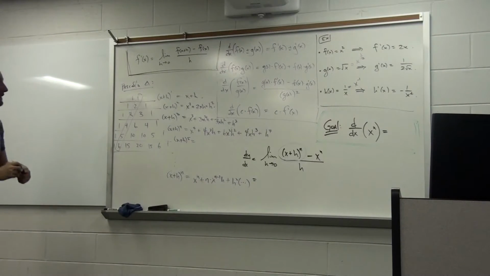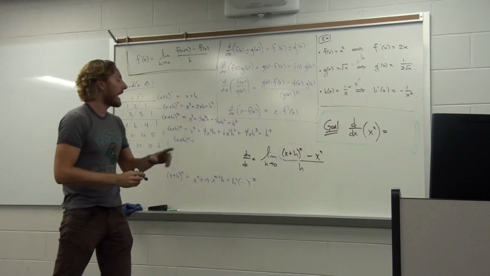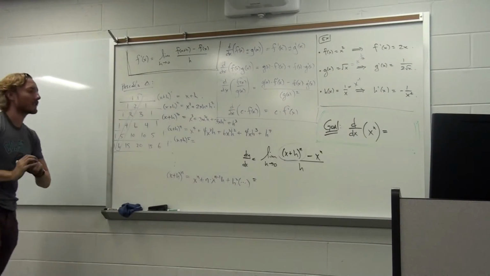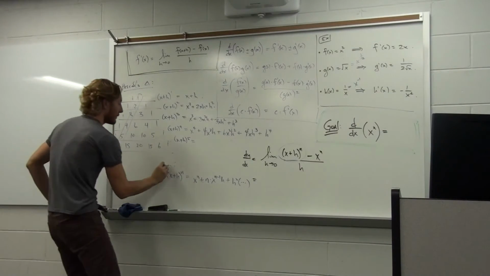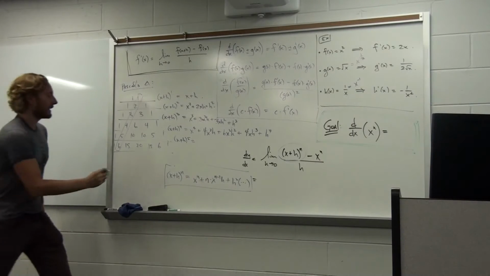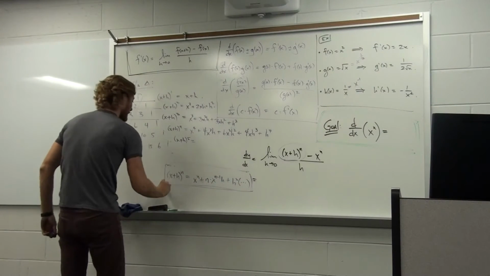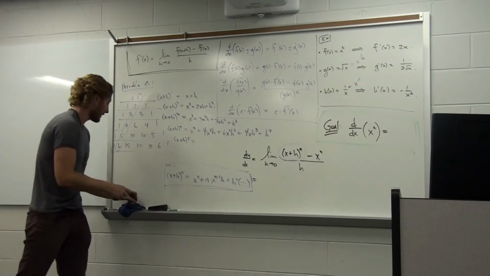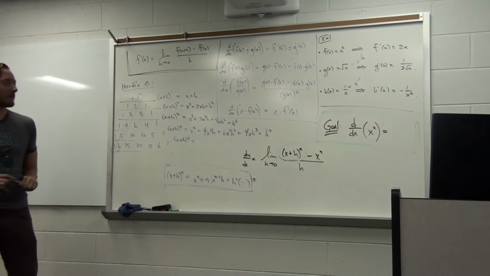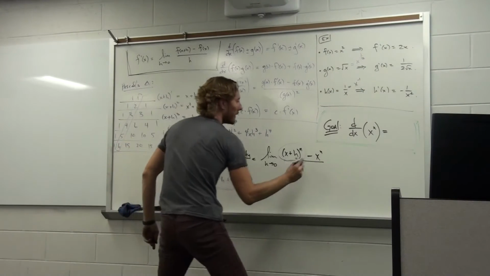So I honestly am not even going to care about what that dot dot dot is. As you'll see, the fact that it involves an h squared gives us everything that we need. So let me put this in a box, because that formula right here for x plus h to the nth power is going to be extremely valuable to us. And where's it going to be valuable? It's going to be valuable in computing the derivative.